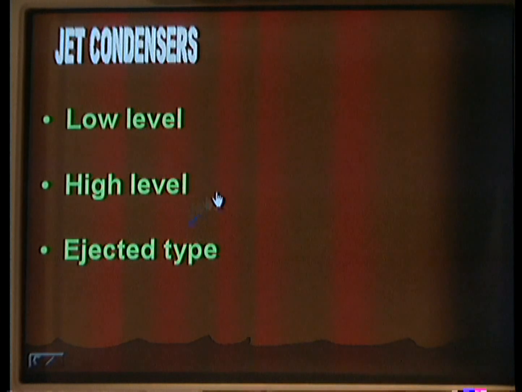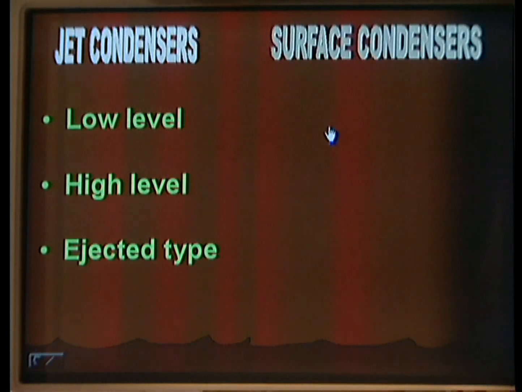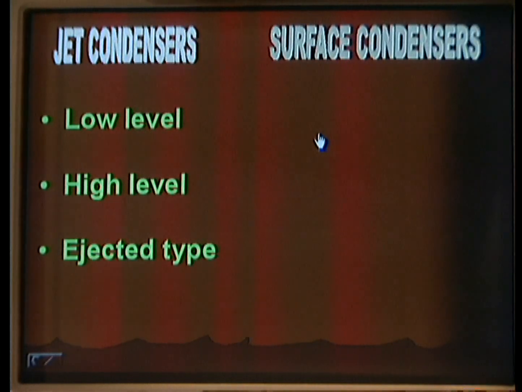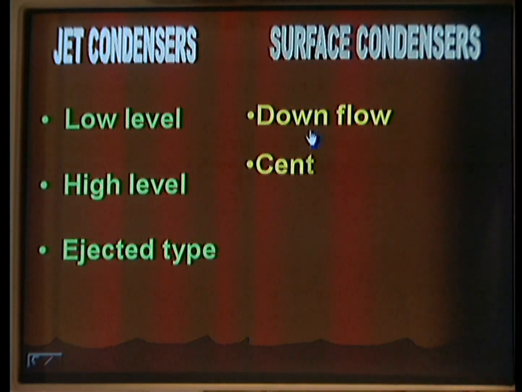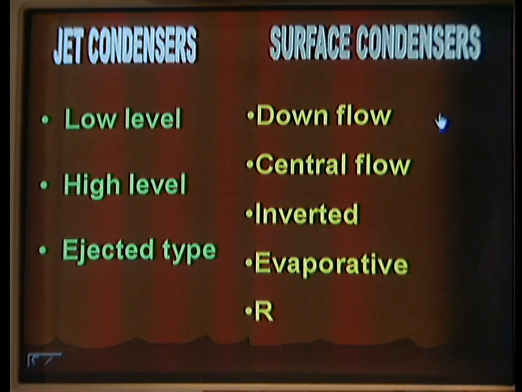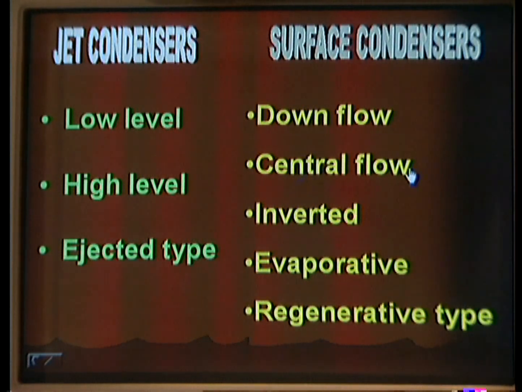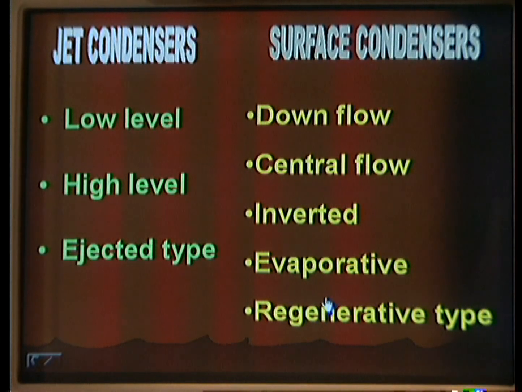Coming to the other family, the surface condensers are classified into a number of types: down flow surface condenser, central flow surface condenser, inverter type surface condenser, evaporative type surface condenser, and regenerative type surface condenser. Today we will see a few of the condensers.